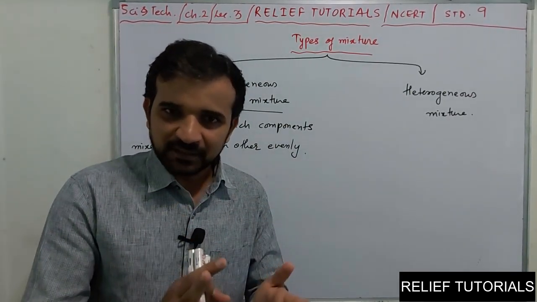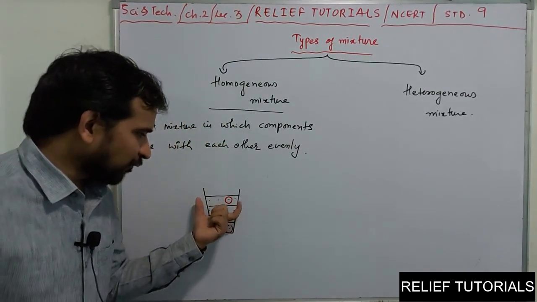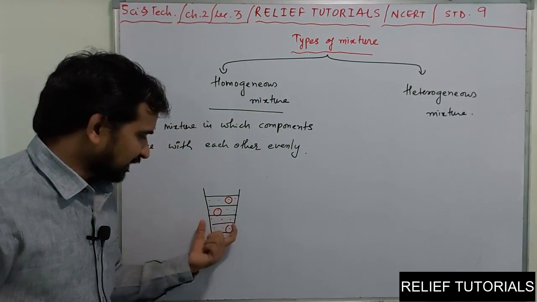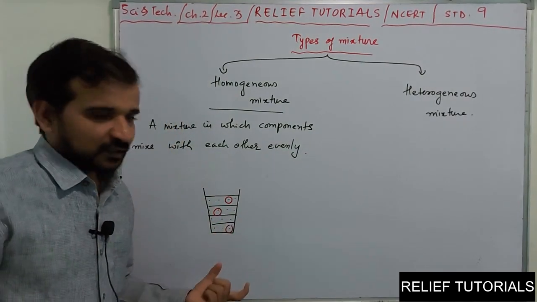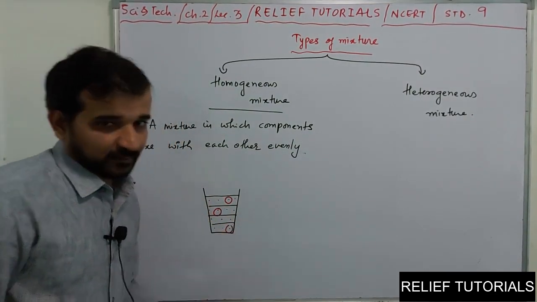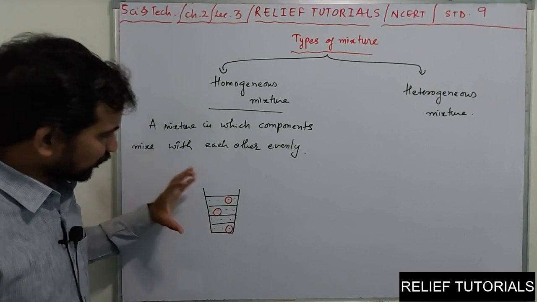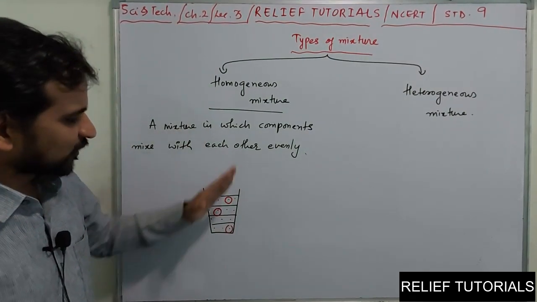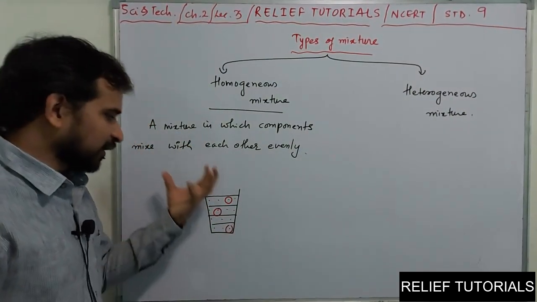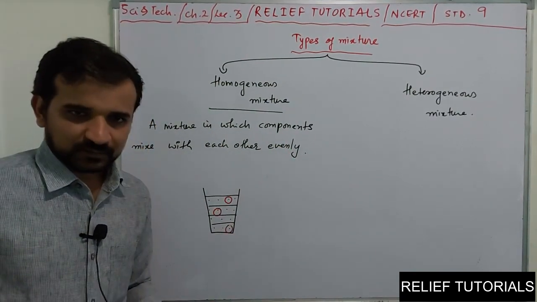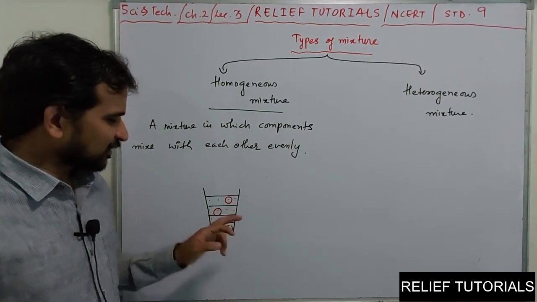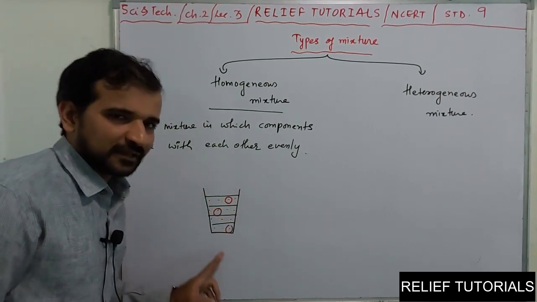So in scientific language, we can say the density of each component is the same everywhere, uniform everywhere. This is the solution in which two components, or more, mix evenly. So the density of the solution is the same everywhere.